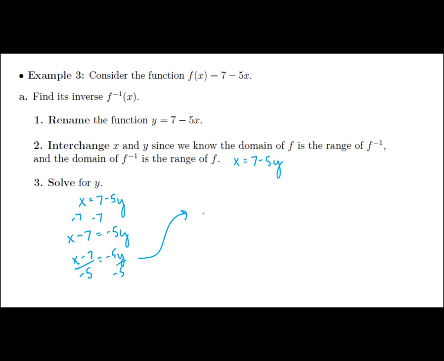So what I'll end up with is negative 1/5 x plus 7/5 is equal to y. And then what we realize is this y that we've solved for now really is f inverse, so now I go ahead and give it its proper name. f inverse of x is equal to negative 1/5 x plus 7/5. And that's our answer.